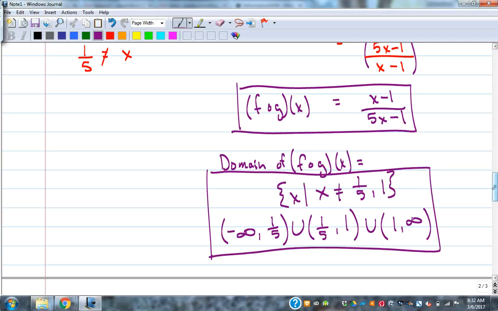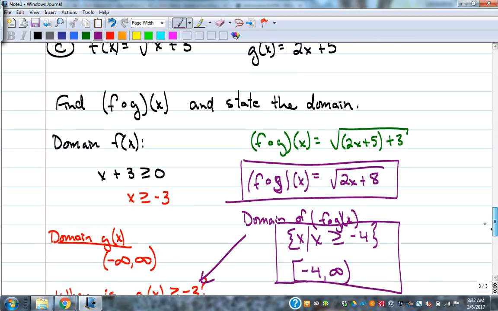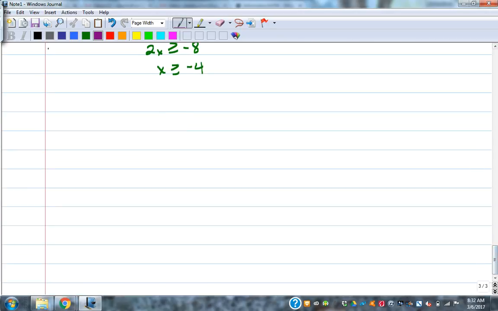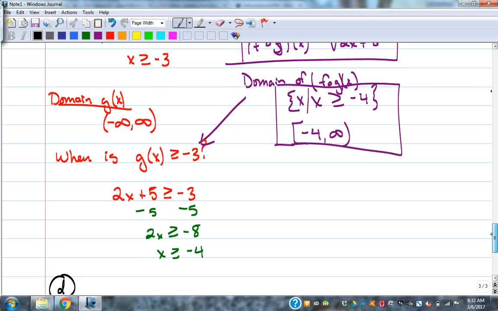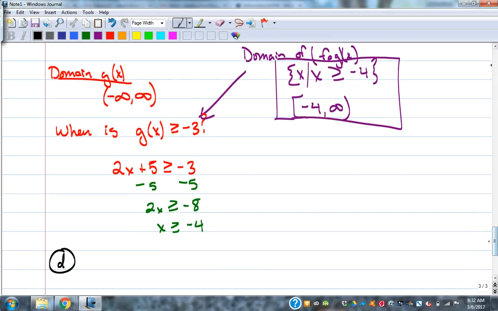All right, so let's take example D. Let's take the same two functions. f of x is equal to the square root of x plus 3, and g of x is equal to 2x plus 5.